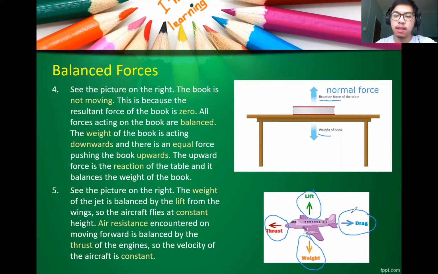There are two names for it. The forward and backward forces are equal, so they cancel out each other. So even though you have forces here, and in this case everywhere, because they are balanced, there is no resultant force, and therefore the aircraft is moving, but moving at constant speed.